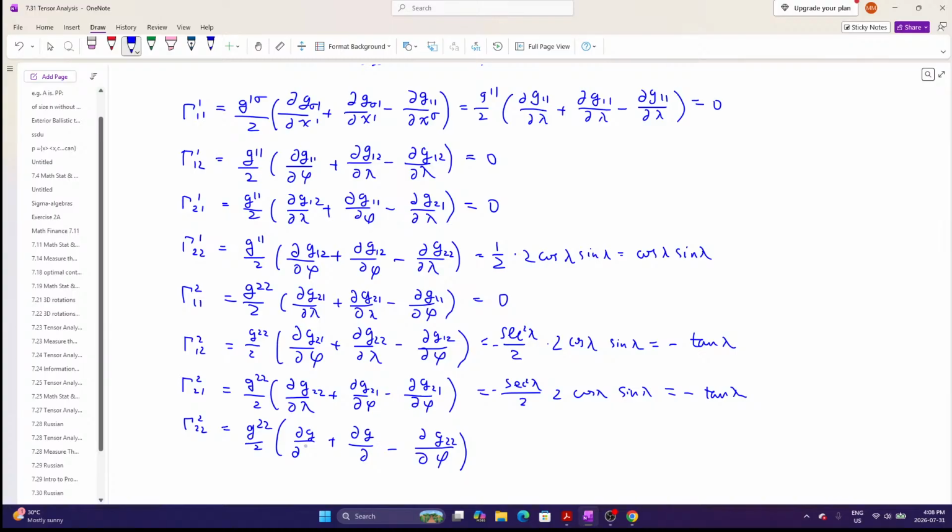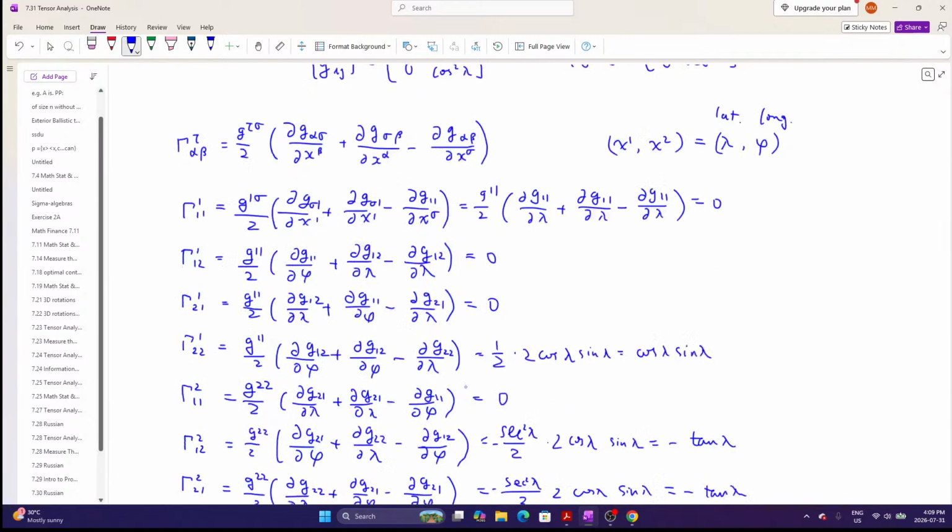And earlier you have just 2 everywhere, so this is phi again and phi again. And the last term just vanished. Okay, so these are the 8 Christoffel symbols done.